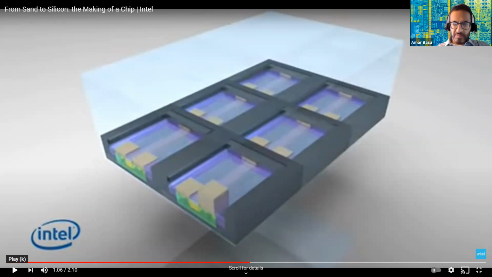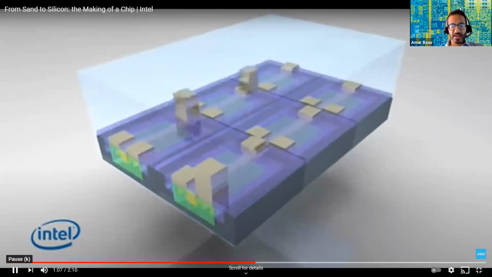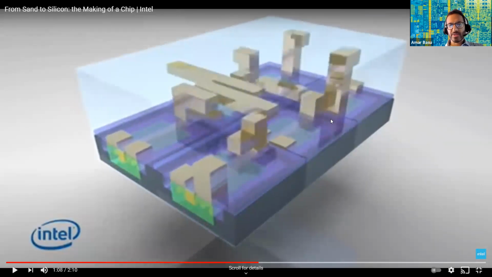For those of you who have maybe built a circuit before, either at home or in an electronics lab, you know that you connect resistors and capacitors and transistors together with wires. But on an integrated circuit, the transistors are connected with layers of metal. These metal layers are called interconnect layers. And if you imagine, as we said, there could be 10 billion transistors on a chip, how these transistors are connected to each other can get pretty complex.